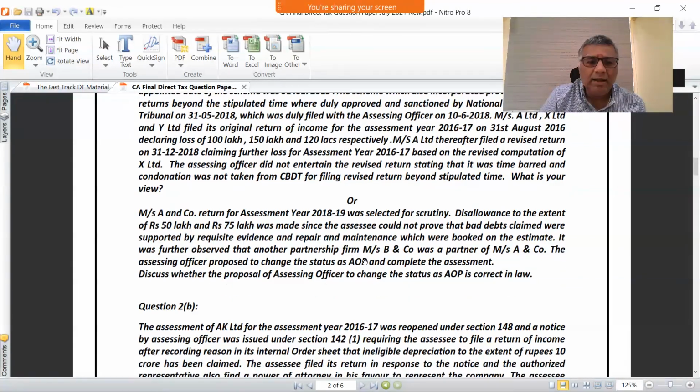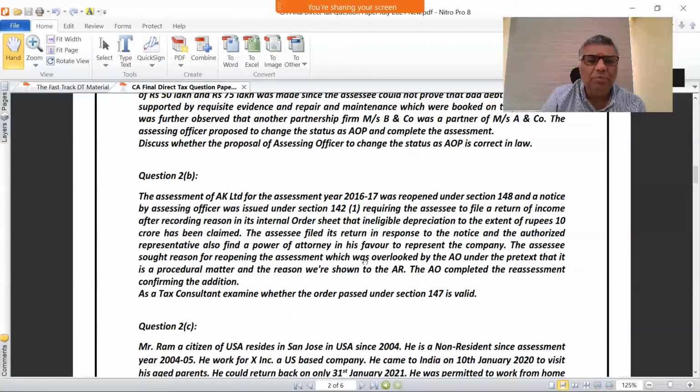Okay, and I found another question also. The assessment of AK Limited for the assessment year was reopened under 148 and a notice was issued requiring the assessee to file a return of income, after recording on its internal order sheet the reason that ineligible depreciation to the extent of 10 crores has been claimed. The assessee filed its return in response to the notice, and the authorized representative also filed a power of attorney to represent the company.